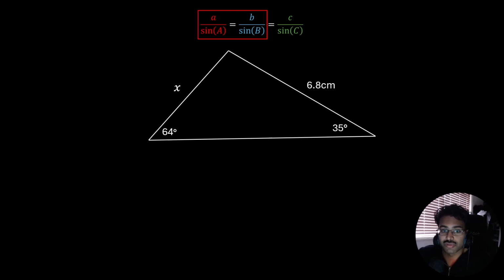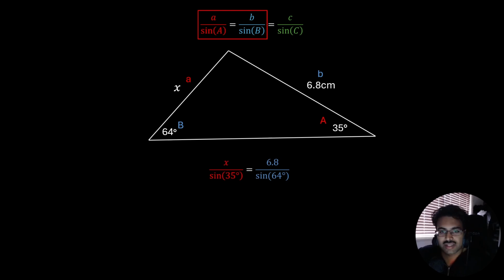So what we're going to do first is label the side that we want to find as small a. So since x is our unknown, we're going to label x as small a. And then we're going to label the angle belonging to this side as big A, which is 35 degrees. Then we're going to label 6.8 centimeters as small b, and the angle corresponding to it as big B. And then we can go ahead and use our equation and sub all these pronumerals in.